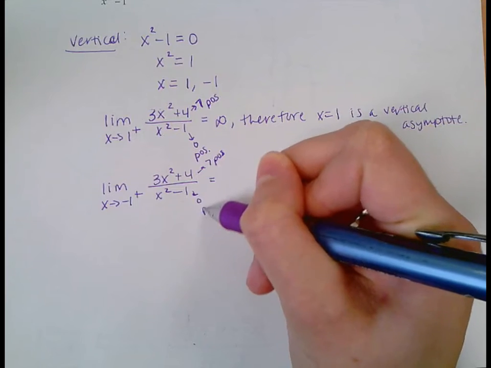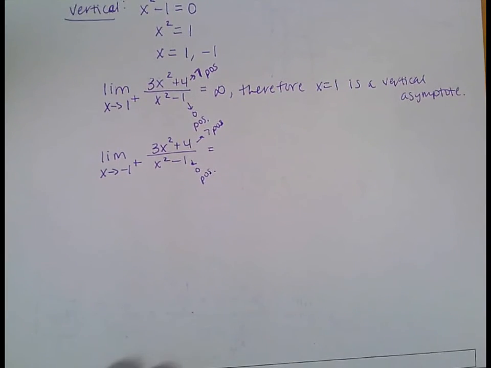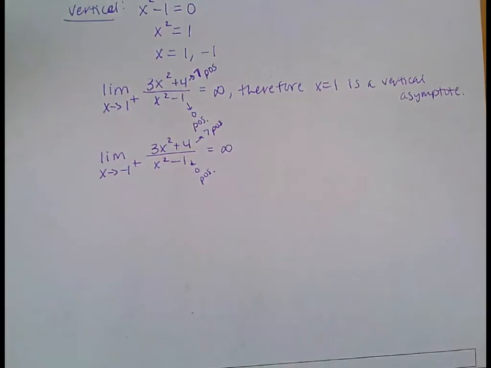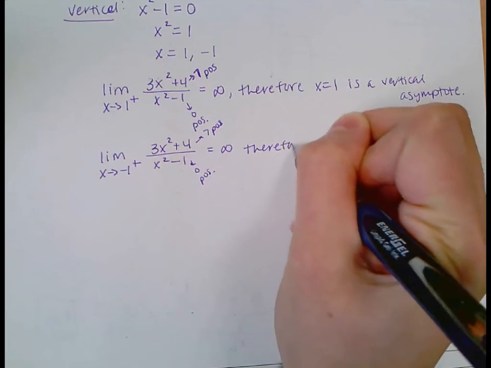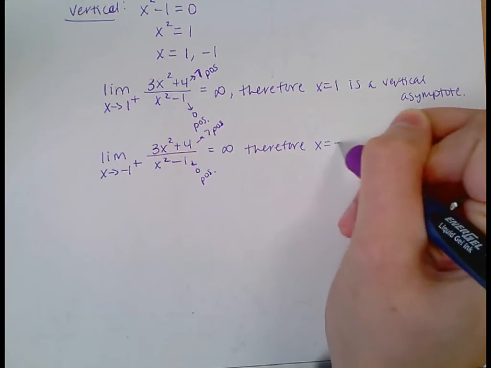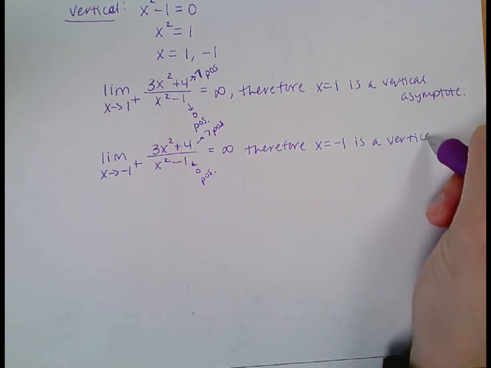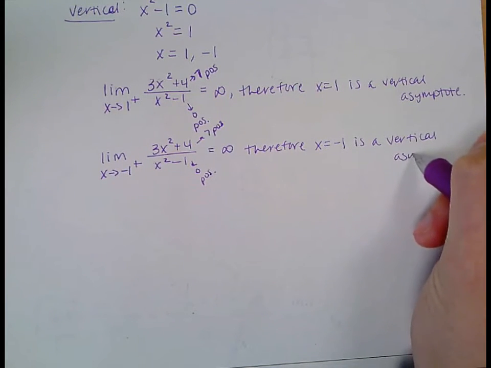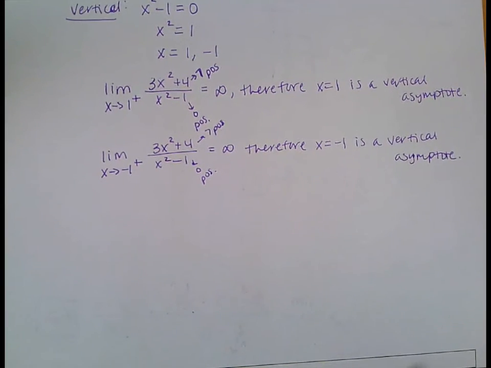It's going to be positive either way. Yeah. So then this would be positive infinity as well. And therefore x equals negative 1 is a vertical asymptote.